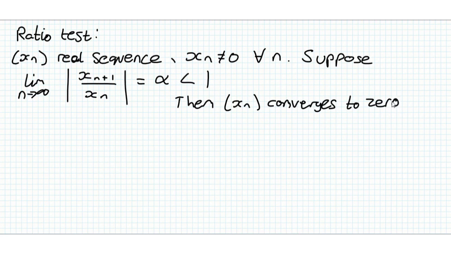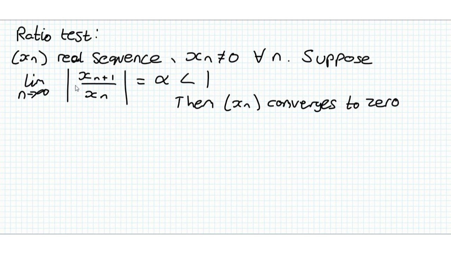Right, a couple of questions you might have about this: are you going to prove this? The answer is no, I'm not going to prove that in this video, but I will try and justify it. Essentially what this is saying is, as n gets large, the terms get smaller and smaller.